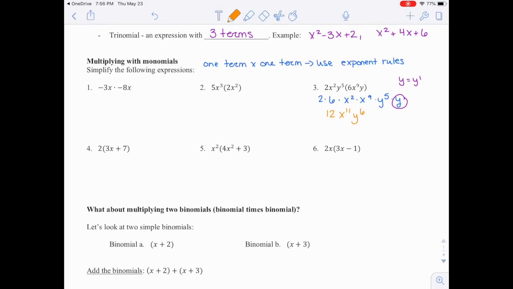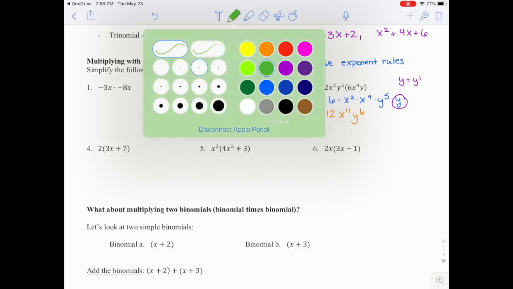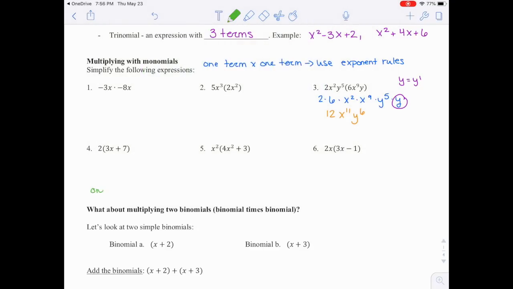Same with multiplying a monomial times a binomial. So this is one term times 2 terms, monomial times binomial. Just distribute. So I'm going to do number 5. You're just going to distribute.